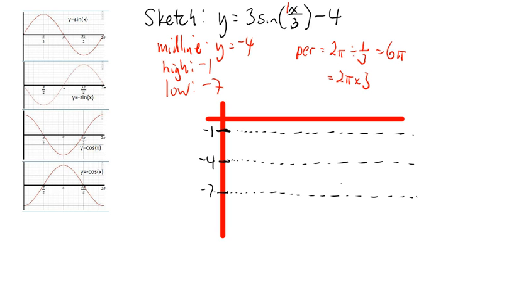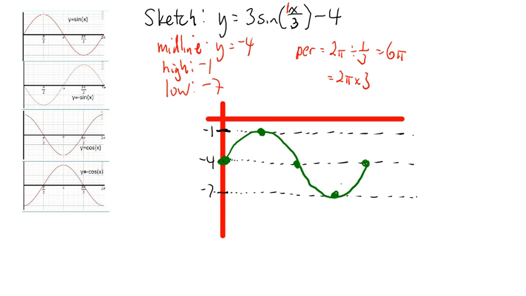So that's going to be a full cycle. So midline, highest, midline, lowest, back to the midline. Try to connect them and be rounded near the high and the low spots, and it'll look pretty good.